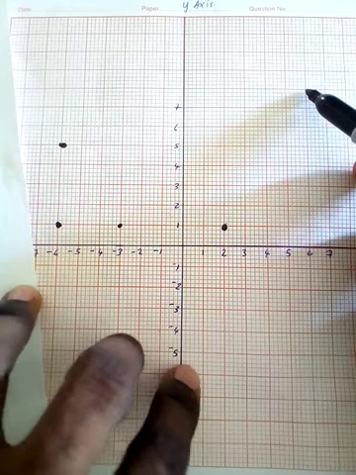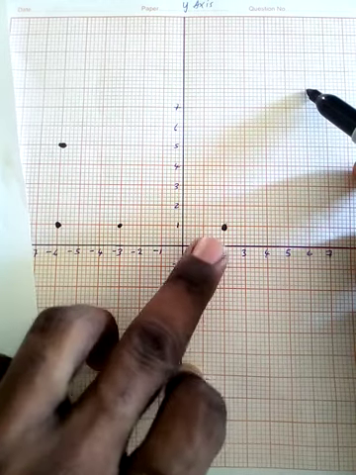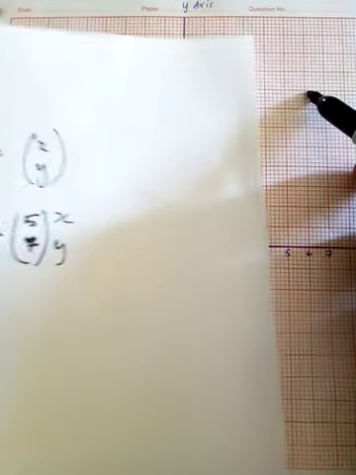So this is where the point will translate to from here using the vector 5, 7. So what I'm showing here is method 1, one method of moving the points.